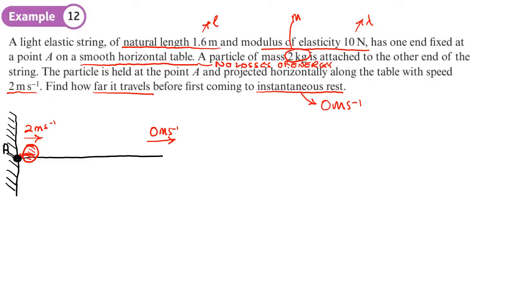Now what's going to happen as it's projected, it will get to a point where it's moved a distance of 1.6 meters. That's when the string becomes taut, and then it's going to keep on carrying on like this, and this is where the string moves a distance further than its natural length, so it's an extension of its natural length.